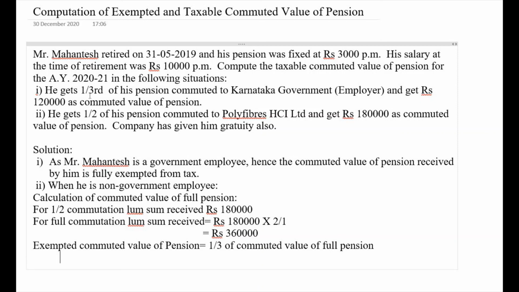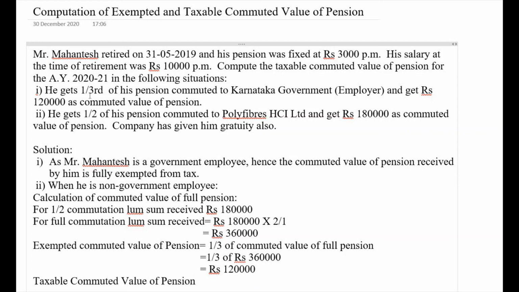So 1/3 of rupees 3,60,000 equals rupees 1,20,000. So rupees 1,20,000.